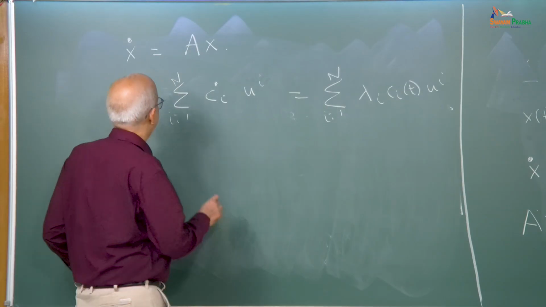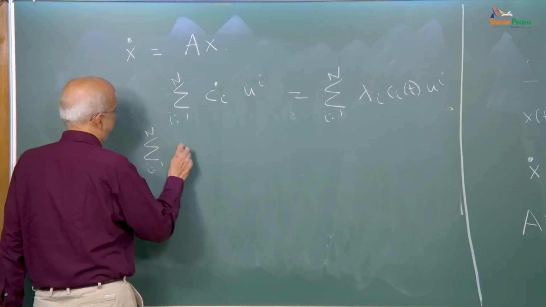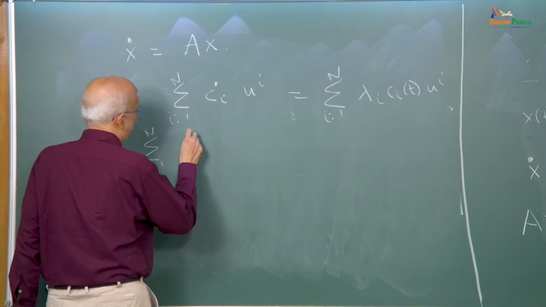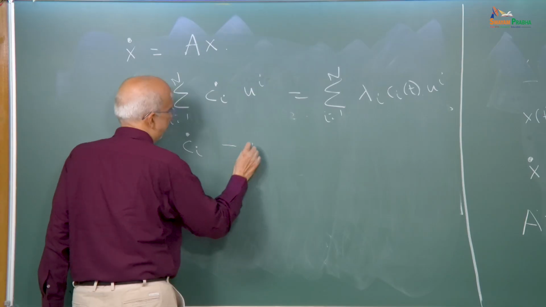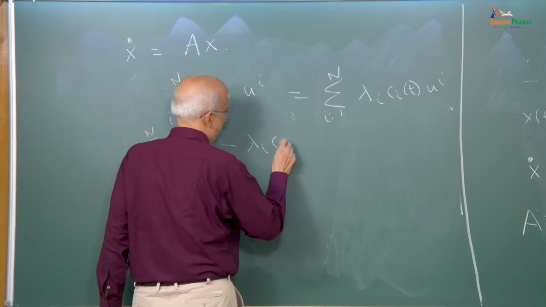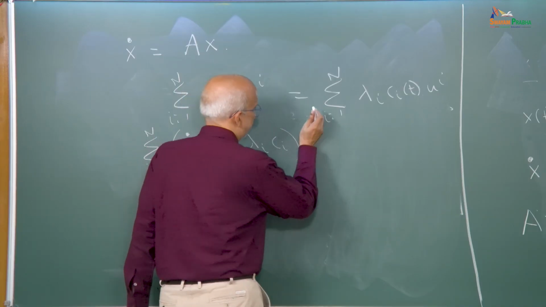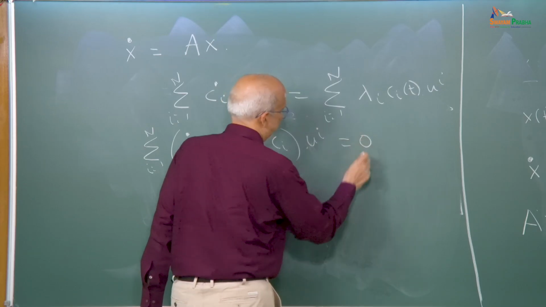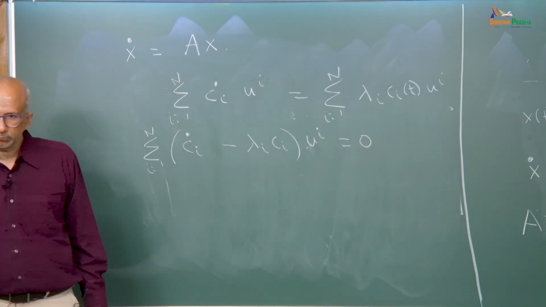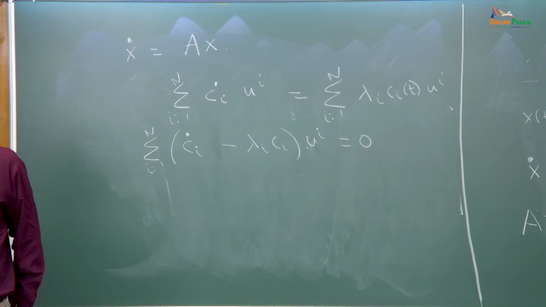And I will again group these two to one side, equal to 0. So, you can see I am using the same argument again and again.